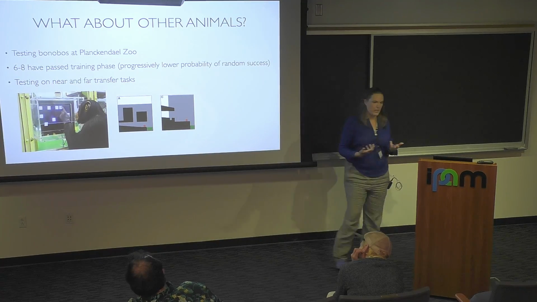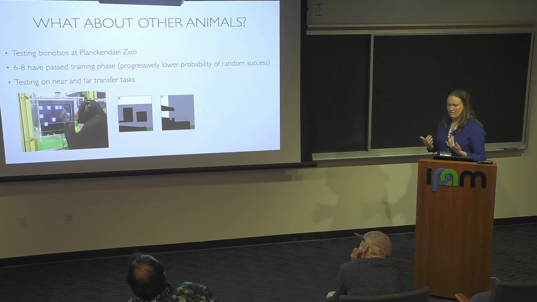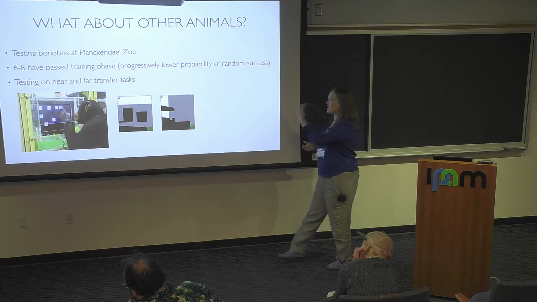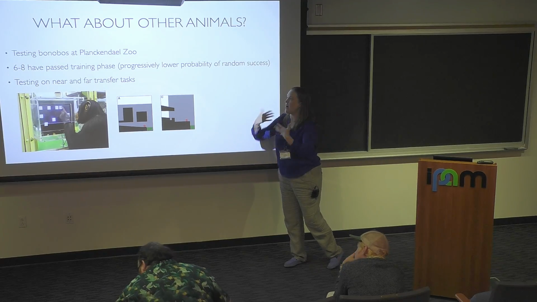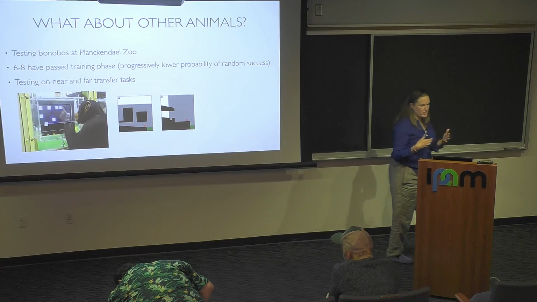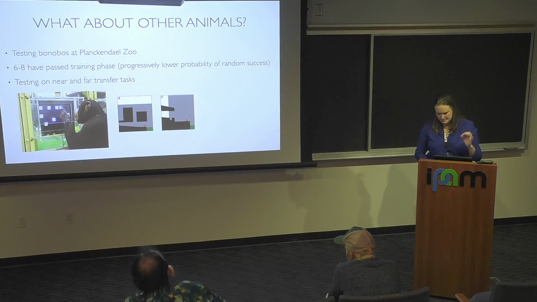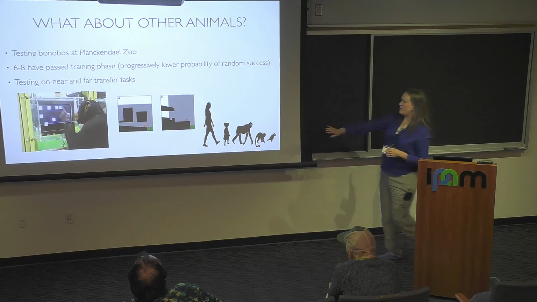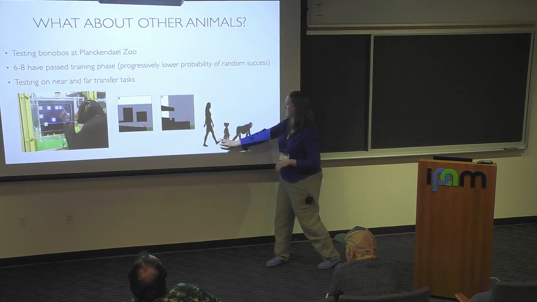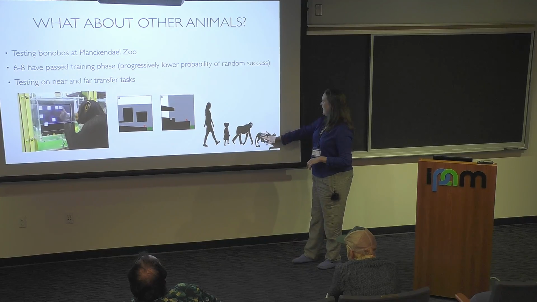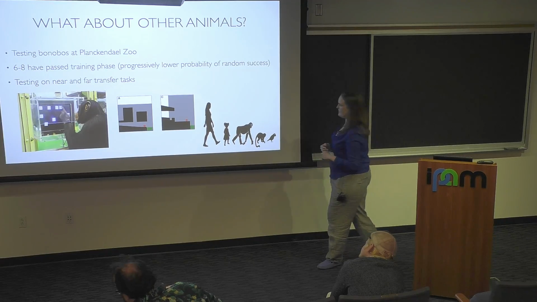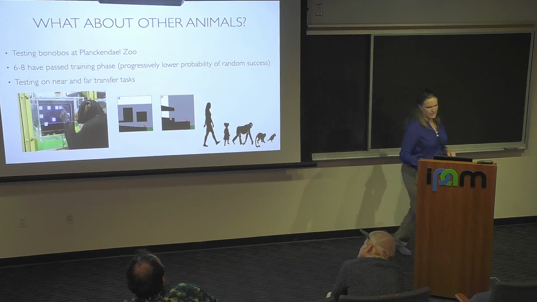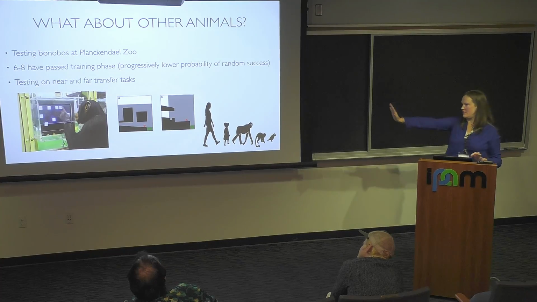So visually the tasks are quite different, and we're trying to figure out both how they do on their first attempt, but then also, if they're given multiple attempts to correct, how are they strategizing, how are they sampling the environment. And so we're testing bonobos, they've tested adults, also going to test kids. And we're working with Irene Pepperberg's lab in Boston to test parrots. We might test monkeys, but we're not there yet. This is just the vision.